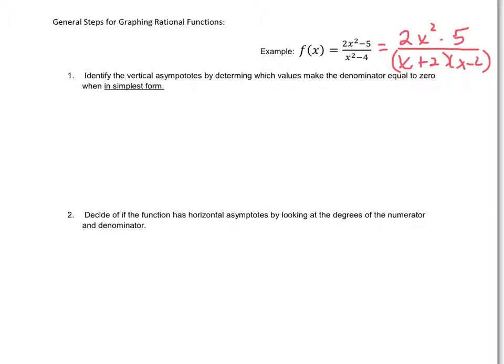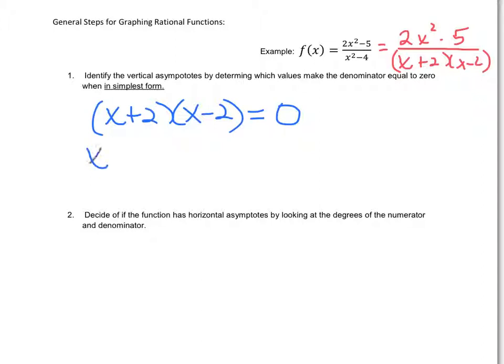So my denominator in this case is (x + 2)(x − 2). A lot of times people say, what are you, just getting rid of the numerator? It's not that I'm getting rid of it, it's just that to find the vertical asymptotes, I'm only concentrating on when the denominator is 0. That's what's going to make this undefined.